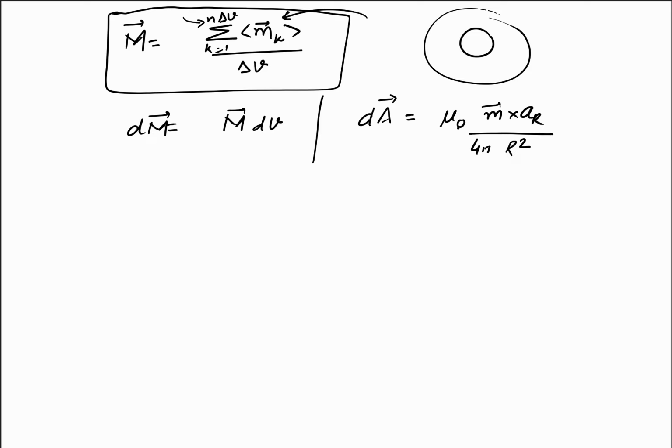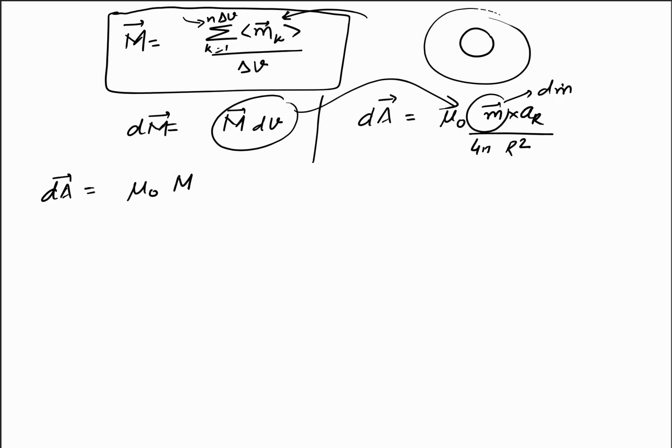For m to be replaced with the small magnetic dipole moment dm, I can replace it by this quantity. So dA due to a small dipole moment, in terms of the magnetization vector, can be written as mu naught M cross a_R over 4 pi R square. To avoid any confusion between source quantities and field quantities, that is the observation point and the source point, I am using a prime to represent the source quantities or source points.